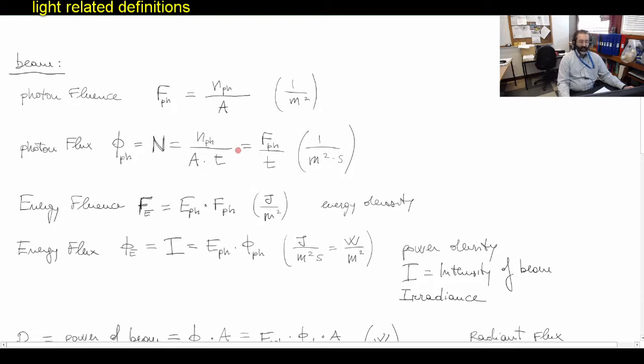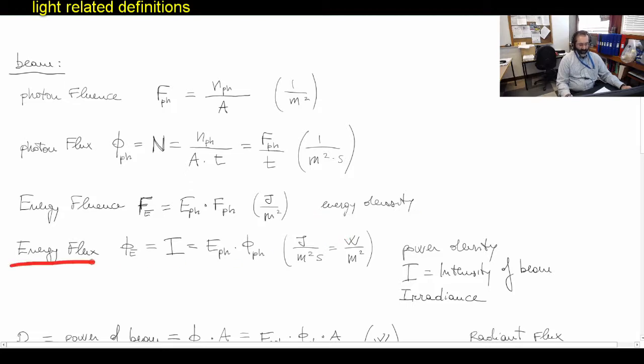Based on this definition, this is also the photon fluence divided by the time, and so the units are 1 over meter squared per second. Correspondingly, we can define the energy fluence, F_e, which is the energy of the photons times the photon fluence. The units are joules per meter squared. You may sometimes see this called energy density.